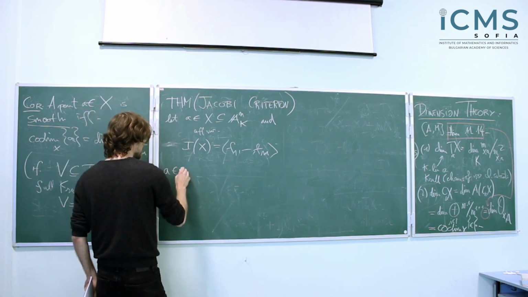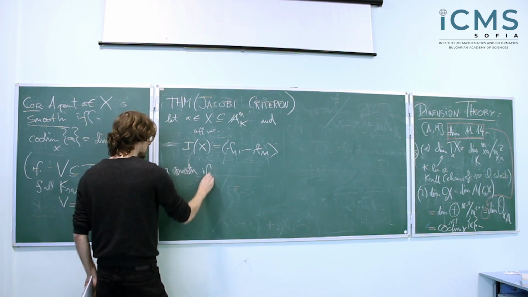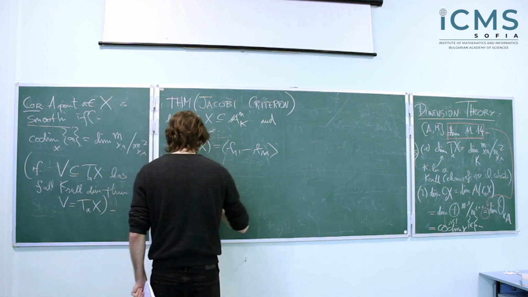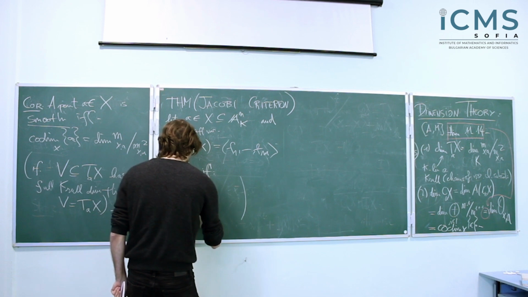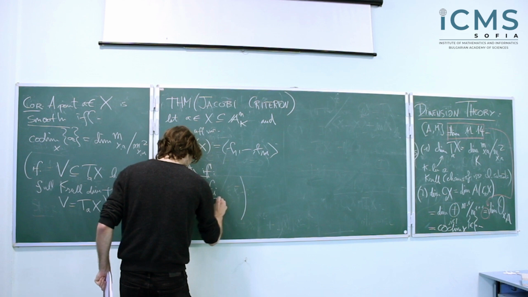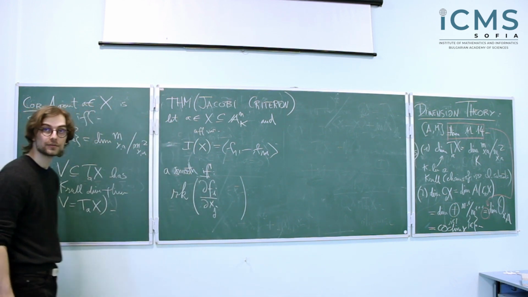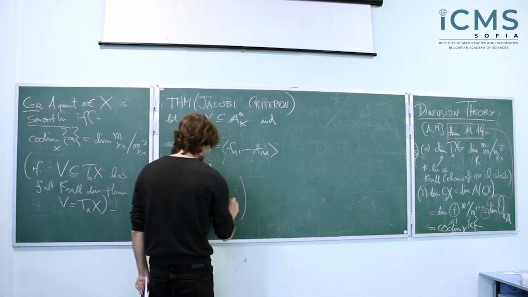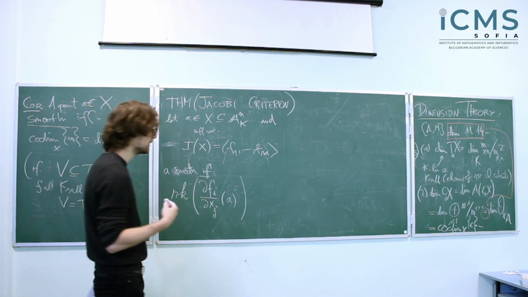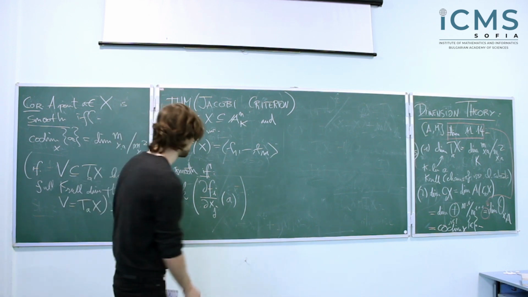So A is smooth if and only if the rank of a particular matrix, which will be called the Jacobian matrix, I take the partial derivatives of these f_i's in the variables, and evaluate them at A. So this will give me an actual matrix with entries in K, the base field.